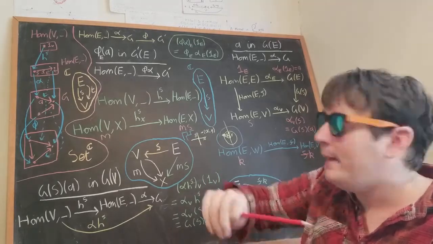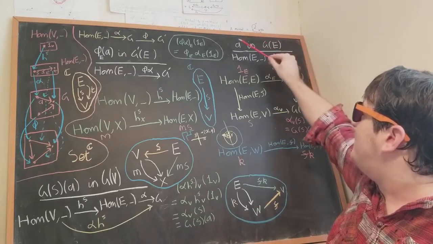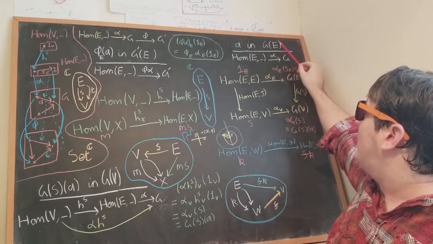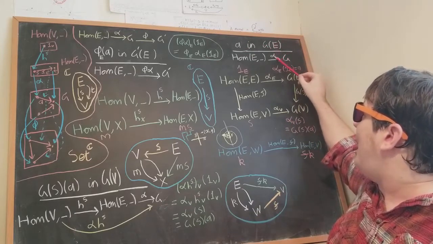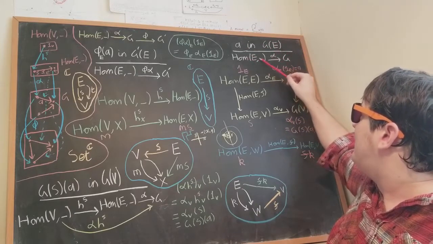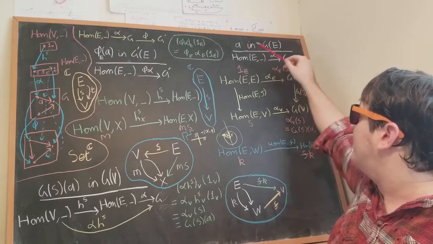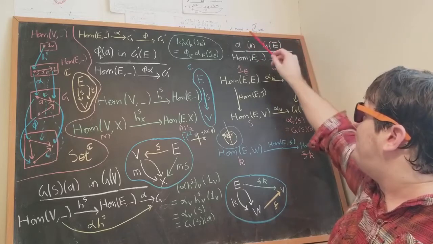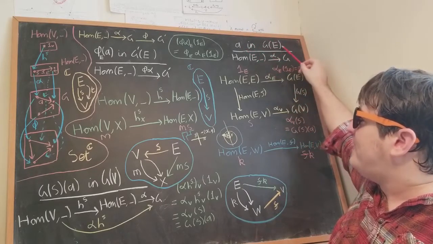So the fundamental correspondence in the Yoneda Lemma is this one, between elements of this set G(E) and arrows alpha from hom(E, -) to G. Now, how does this correspondence work? Well, let's say we pick some element a in G(E).